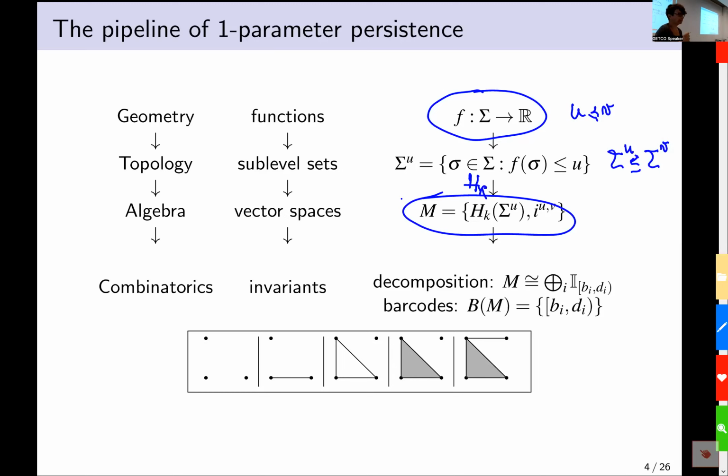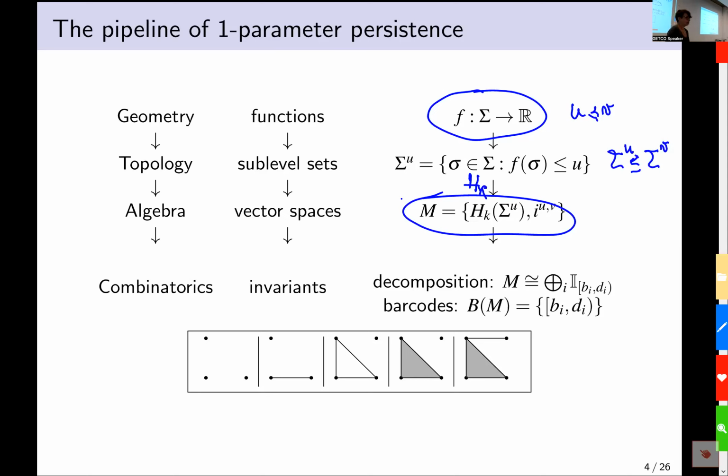They are called interval modules because their support is an interval, and inside that interval they are just the field with maps the identity, and outside that support they are trivial.